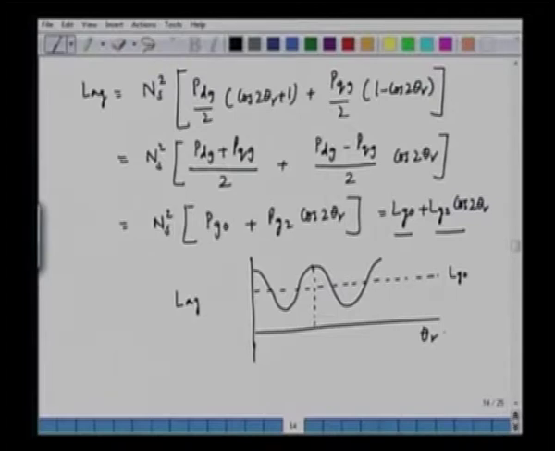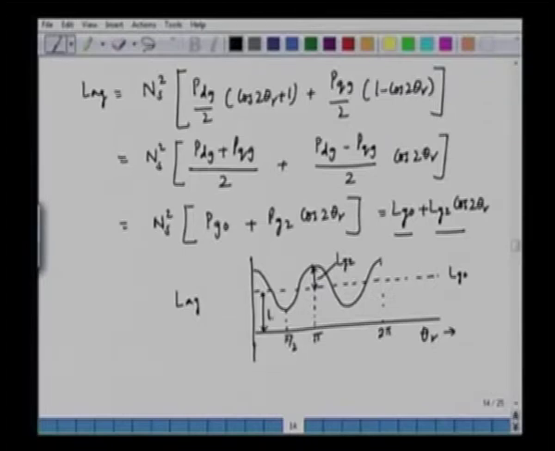This is the x axis, we have pi here, this is pi by 2, and this is 2 pi in radian, and then this will be Lg2. This amplitude is Lg2 because this is Lg2 into cos 2 theta r, and the base value is Lg naught.